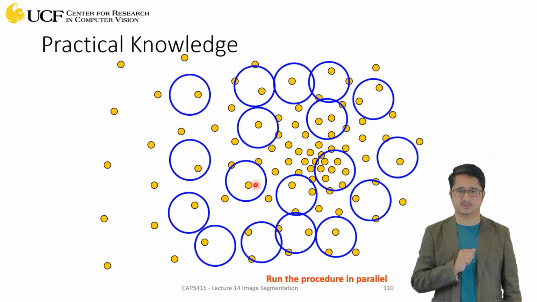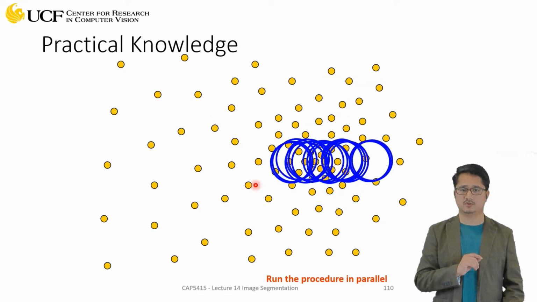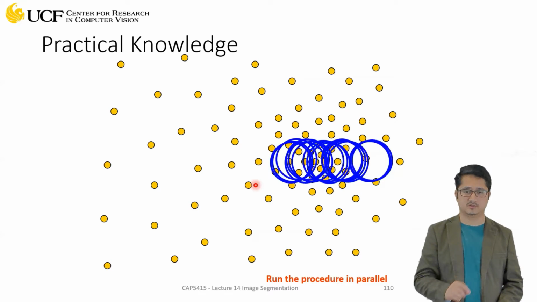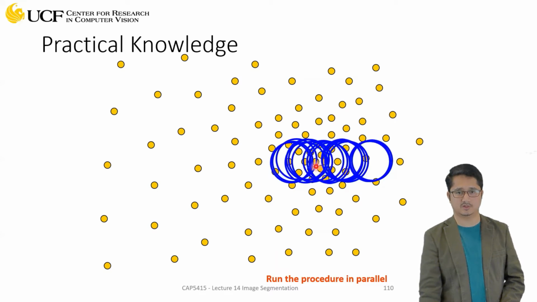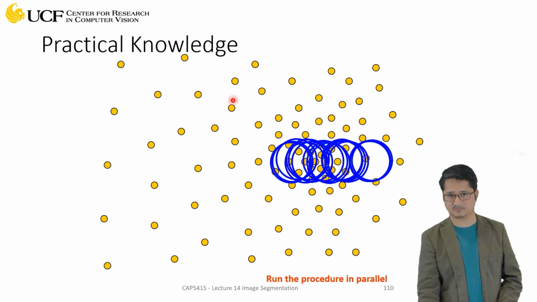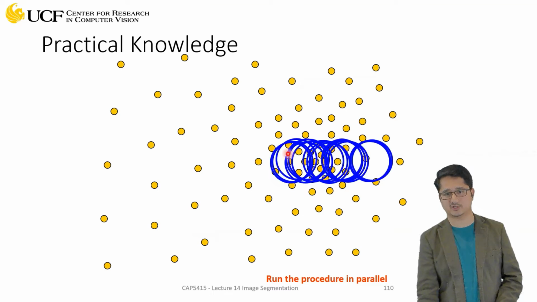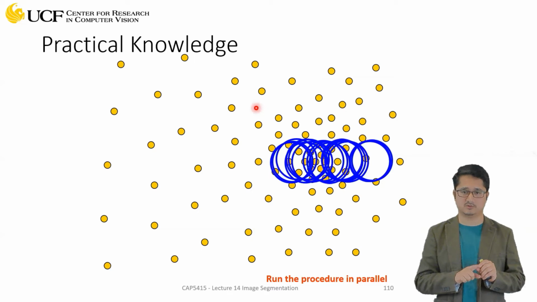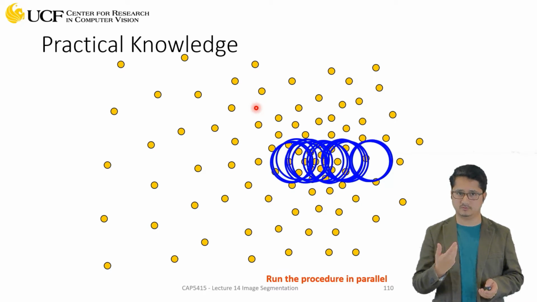Okay, so we start with multiple locations, and then we reach a location which is called the mode. Then all the starting points which merge to the same location will be merged as a segment. And of course, we'll merge to different modes if we have multiple modes, and each of those modes is going to give you one segment.